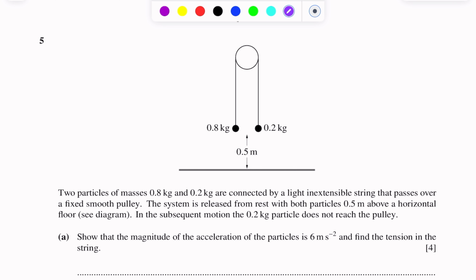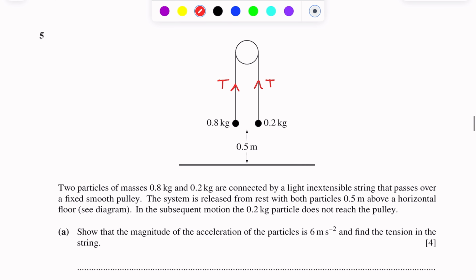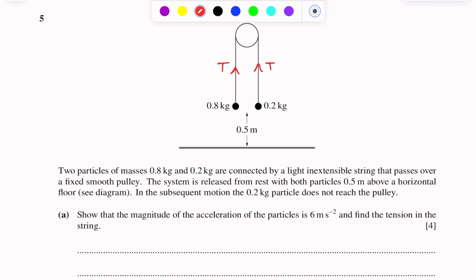The weight, and there is a force that is called tension acting on these particles. Tension is a force. The direction of the tension will be towards the pulley. Tension towards the pulley. Tension will be the same in the string.